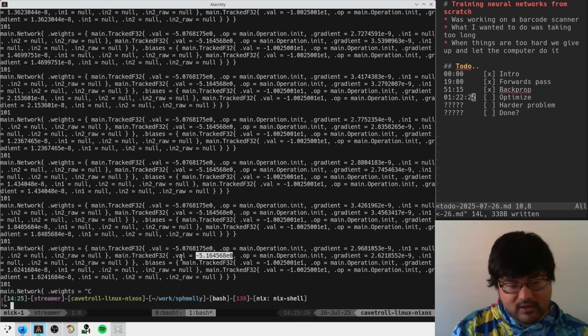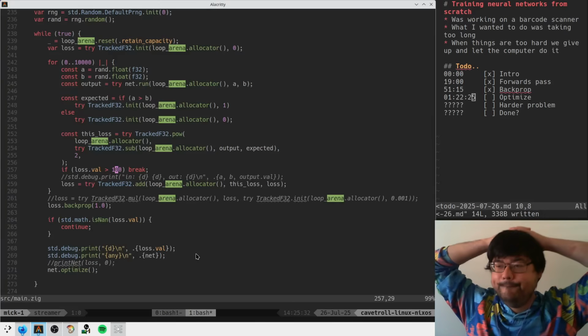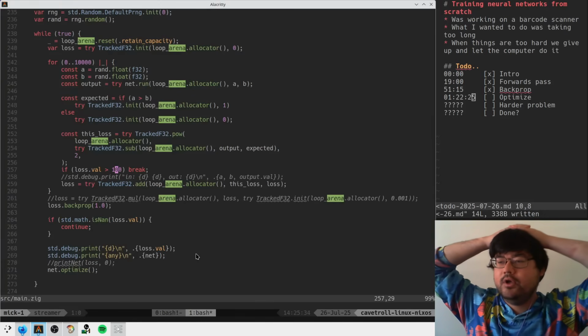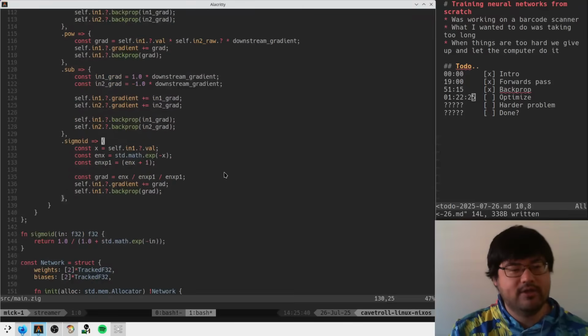And again, can you double check the exponential derivative? Yeah, it's probably worth doing, huh?